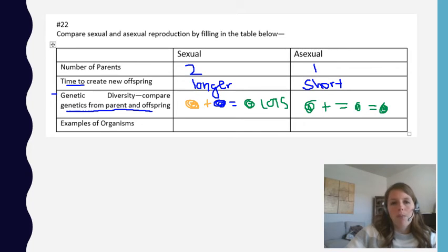And the types of organisms that reproduce this way, for sexual reproducers, plants mostly reproduce sexually, and then many animals, right, reproduce sexually. There's 2 parents.